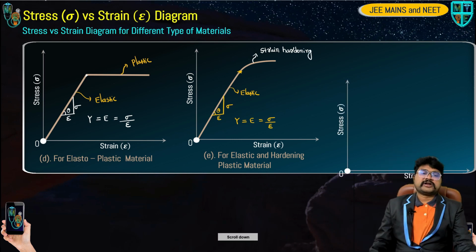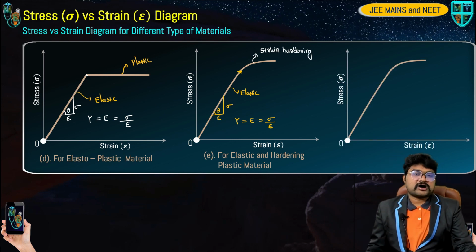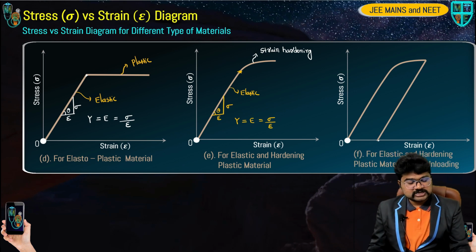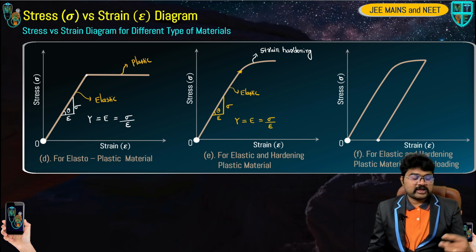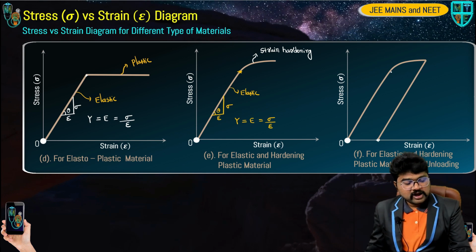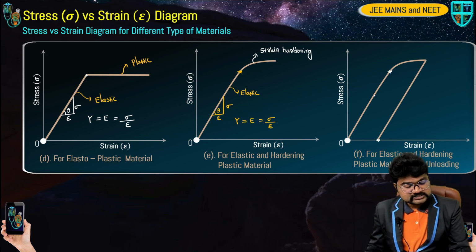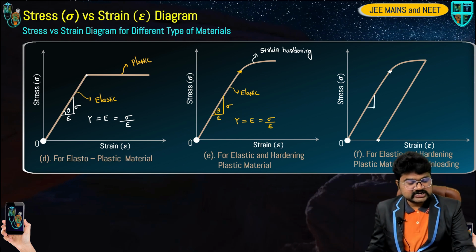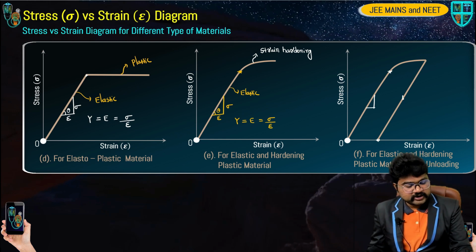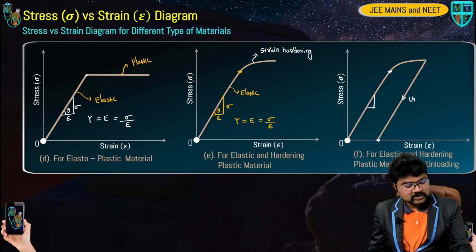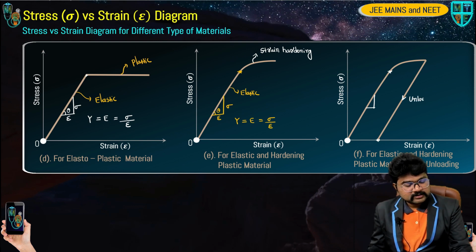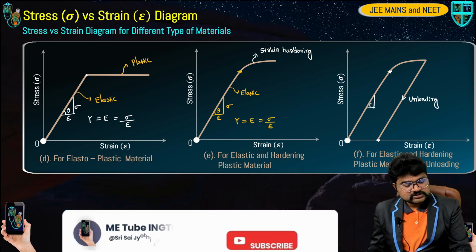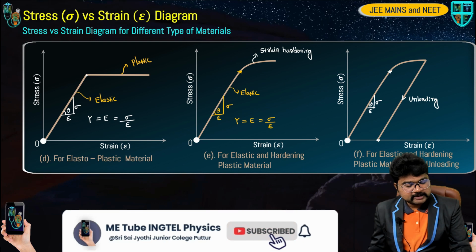Next we can say strain hardening with unloading. It comes back up to this position. Once you do unloading, up to here it is elastic. This is theta, sigma, epsilon.